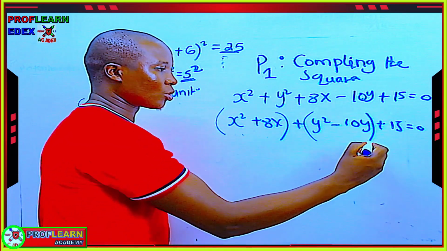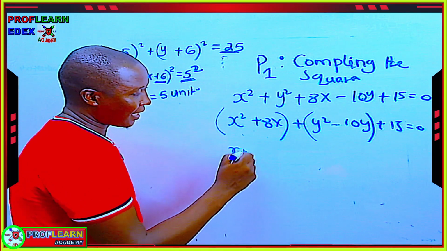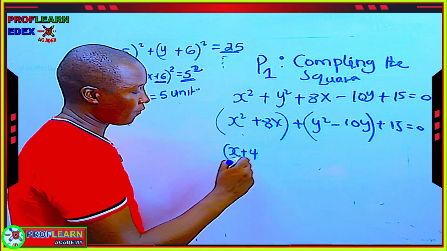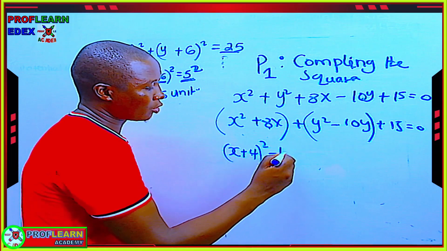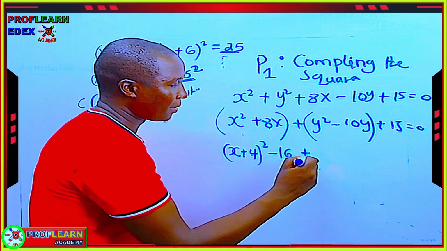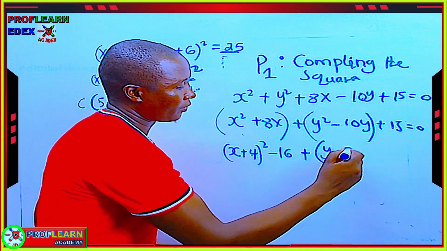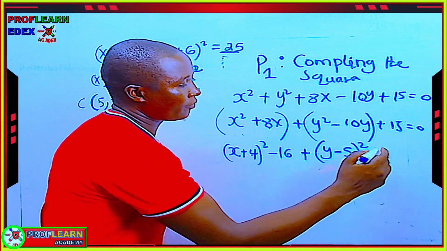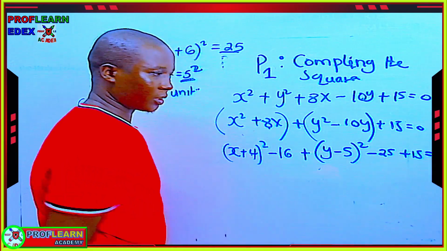You complete the square of each part. Completing this part, we say it's x plus half of this number, that would be 4, squared, minus the square of this number, that would be 16, plus into bracket y, half of this is 5, squared, minus the square of this number, that would be 25, then plus 15 equals 0.